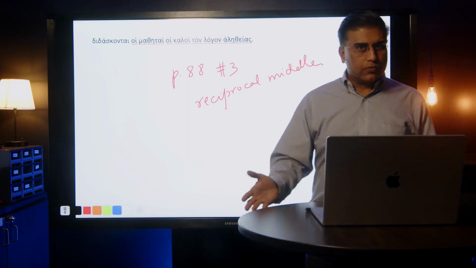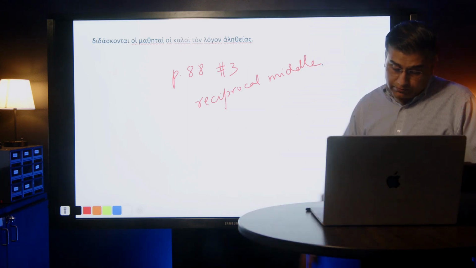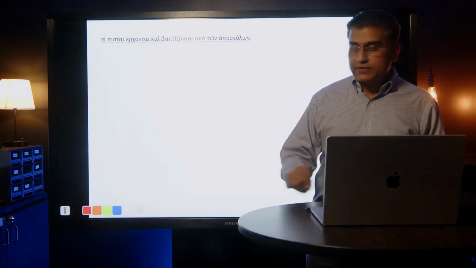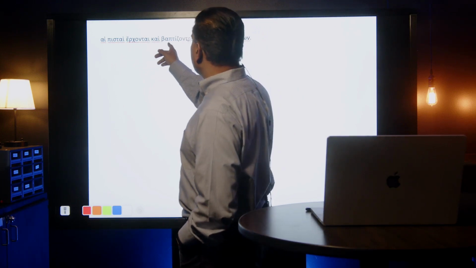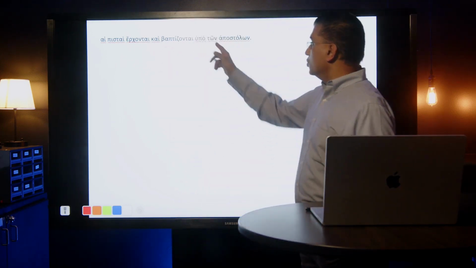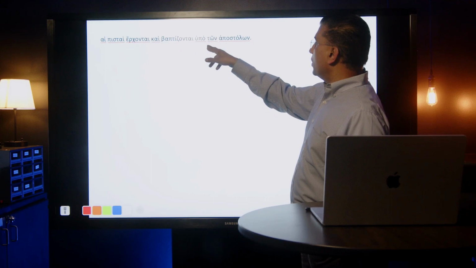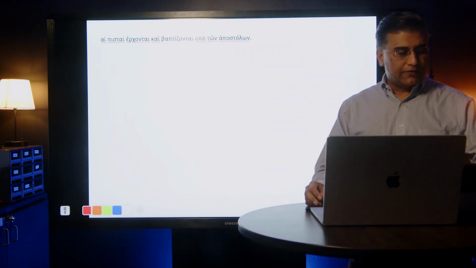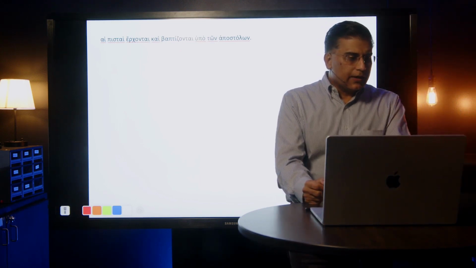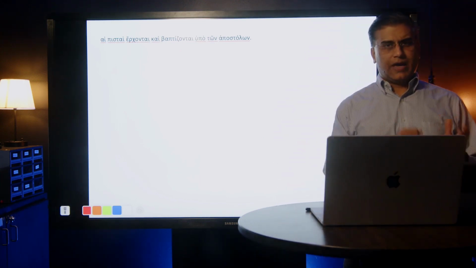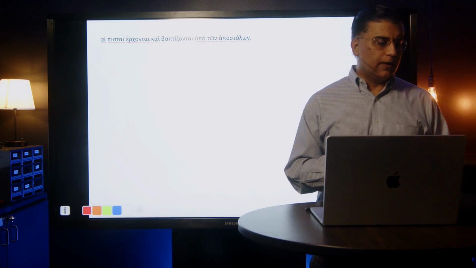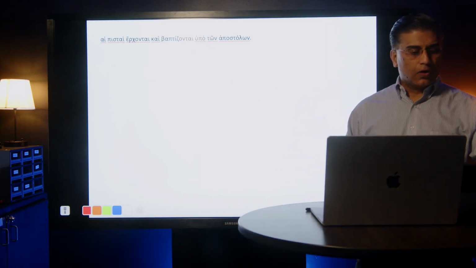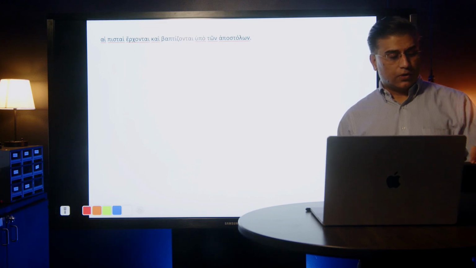Here's another one. Let's do one more. Let's do the next one, number 11, which is hai pistai erchontai kai baptizontai hupo ton apostolon. Remember hupo. So this is number 11. Erchontai, again, your passive middle. Kai baptizontai hupo ton apostolon.